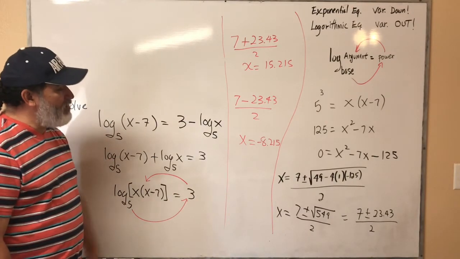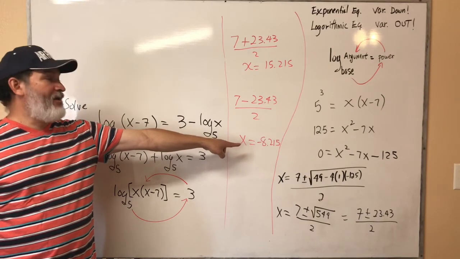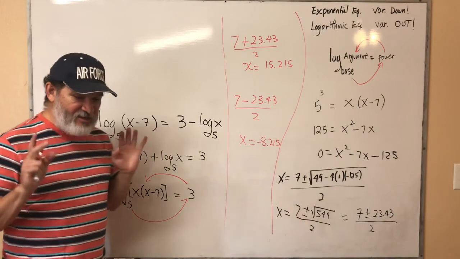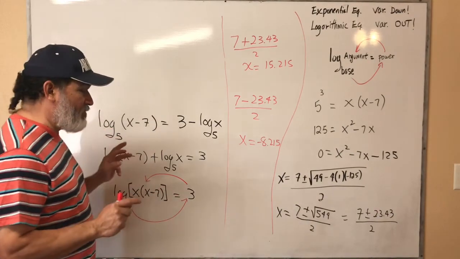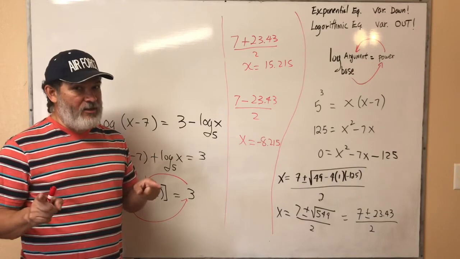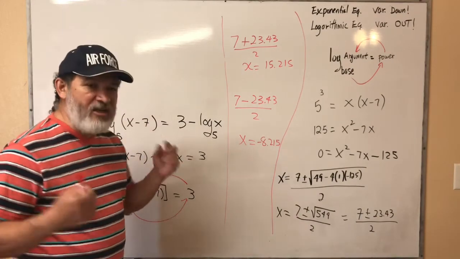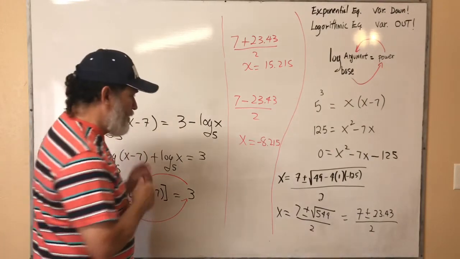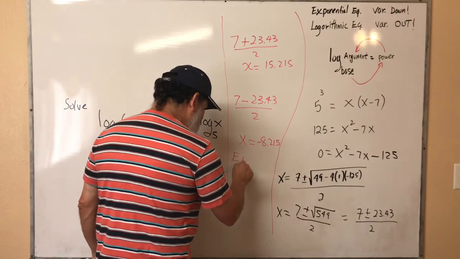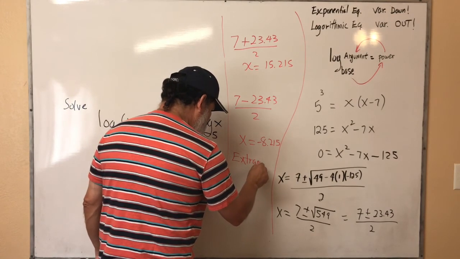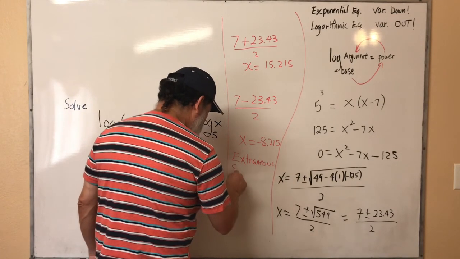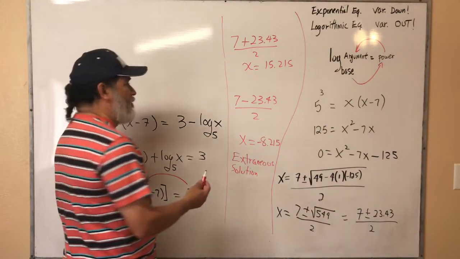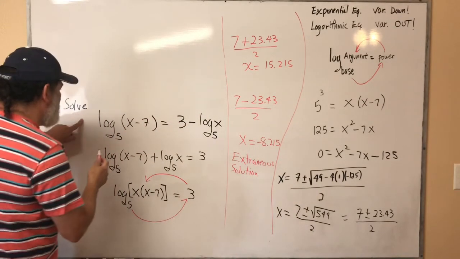So therefore, basura. But of course, when you go to a math class, you better not say basura. You say extraneous. Pick up your color and say extraneous solution. What does it mean? Basura. And that's the solution.